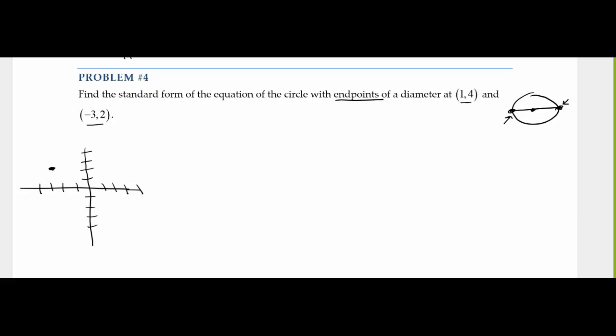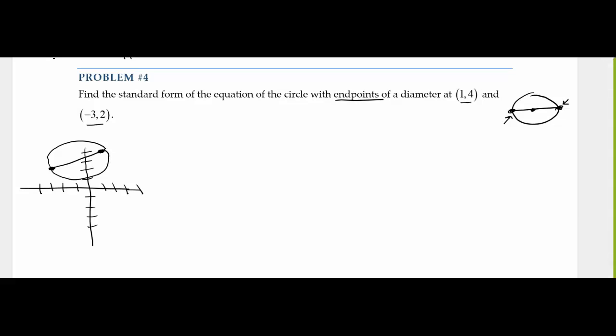And then 1, 4, so over 1, up 4 is there. And so that is my diameter of the circle. So I'm going to have something kind of going up here and something down here. It's not very pretty looking, but you get the idea of what I'm trying to say here.